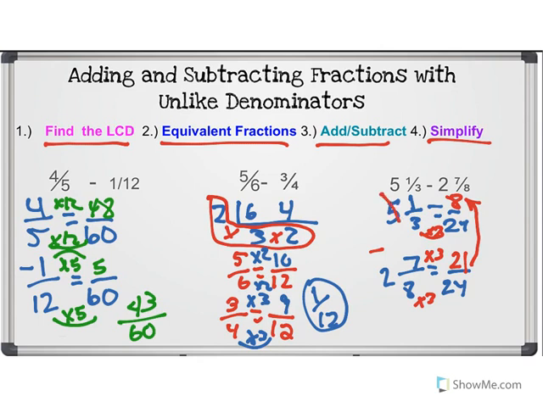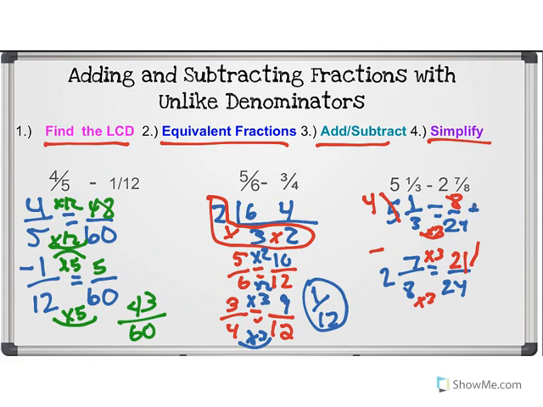Take one whole away from the 5, leaving 4. And that one whole I'm going to add to my 8/24. So think about it. What would be one whole that I could use here for 24ths? Remember, any number with a numerator and denominator that are the same is equal to one whole.